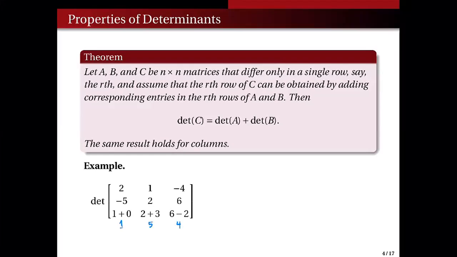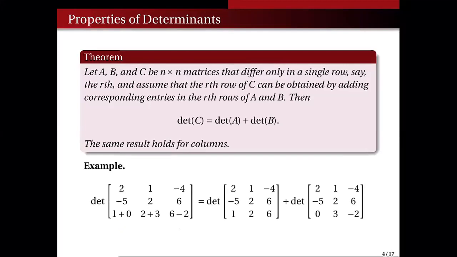But on the third row, I decomposed it into 1 plus 0, 2 plus 3, 6 minus 2. According to this, the determinant here can be obtained by adding the two determinants, where the first row and second row are all the same. The third row is just the addends that we see in here.